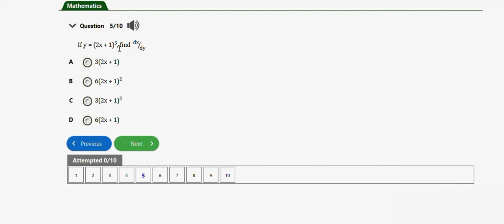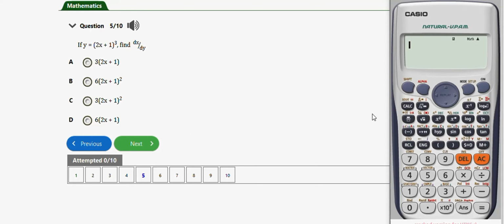So it says if y equals this function, find dy over dx. This time around, if you have to solve manually, we're going to apply the chain rule, but let's solve this with the calculator. It's very easy. So we're still going to work with the setting of the calculator. Now let's bring the derivative function, shift and this.